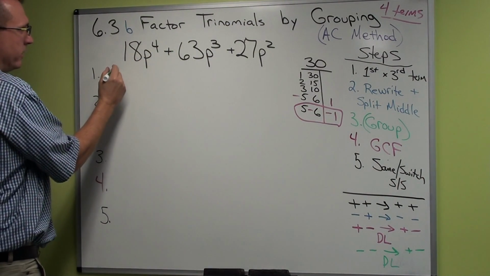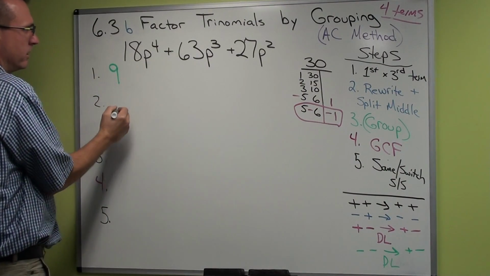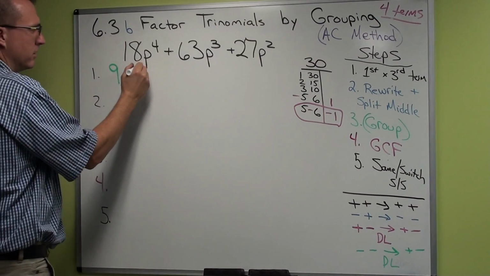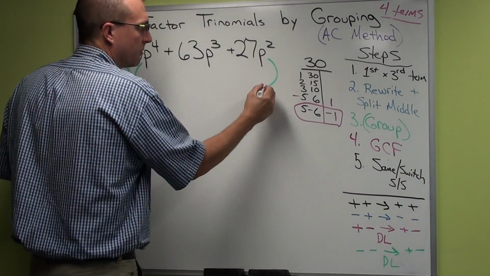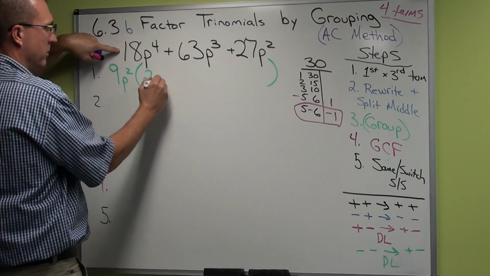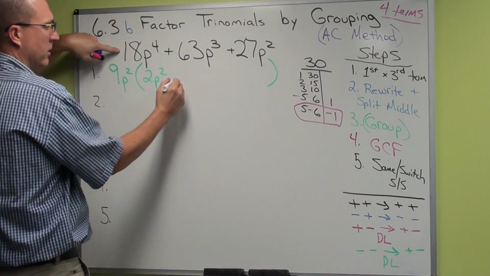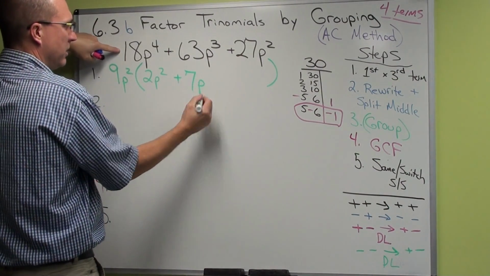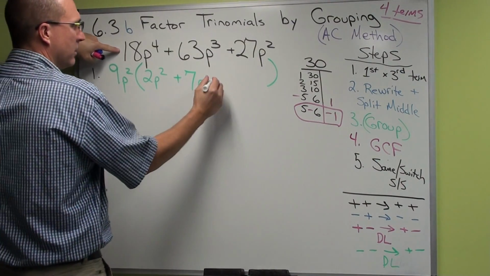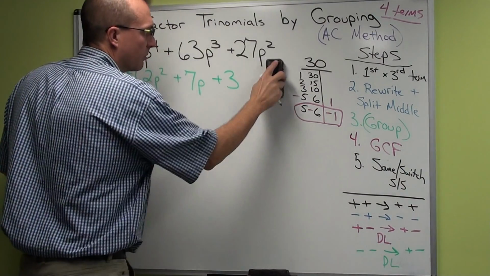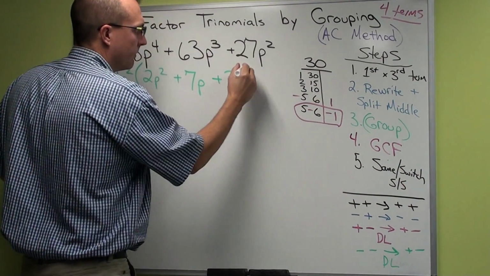We're going to pull out a 9p to the 2nd. The rest is going to stay in parentheses. So this is going to come out to be 2p squared plus 7p plus 3. Let me bring this down a little bit here.